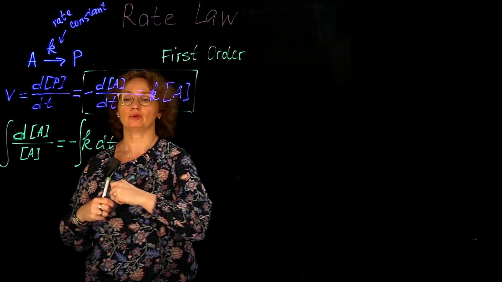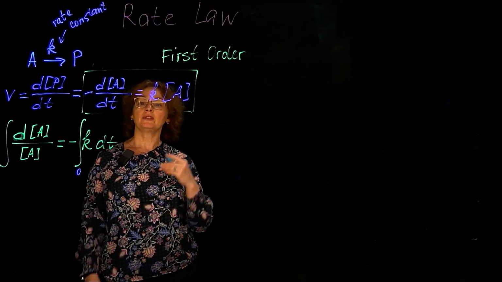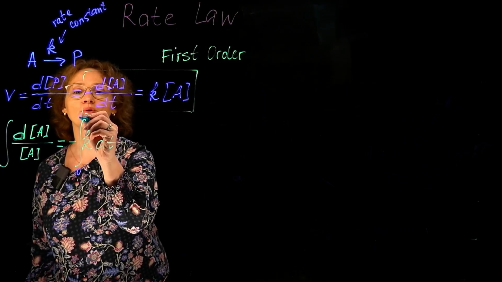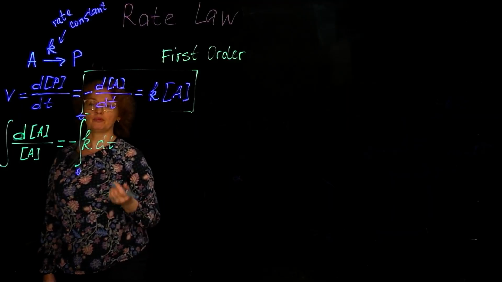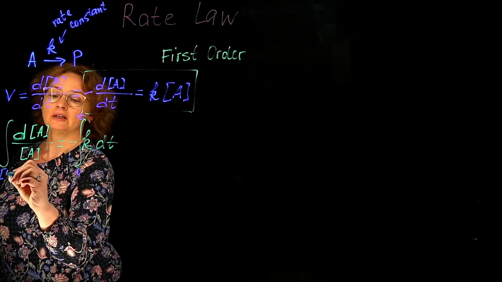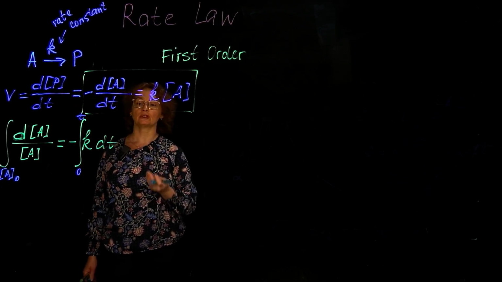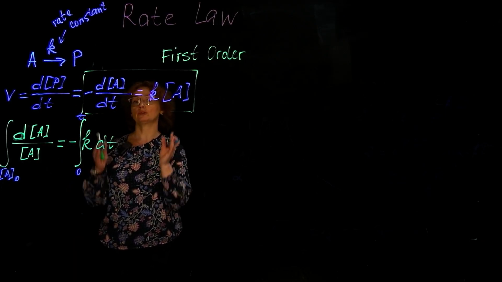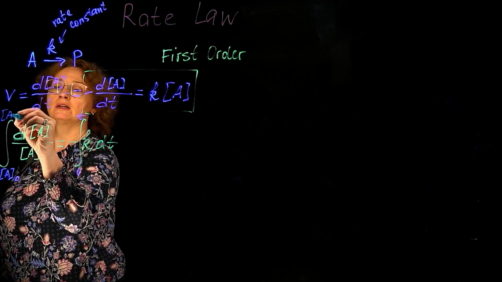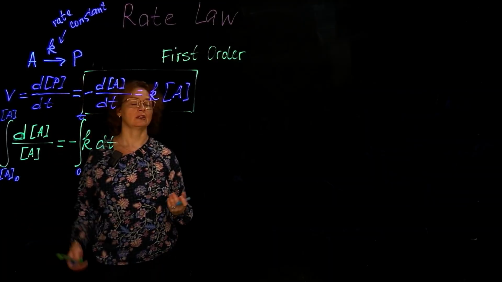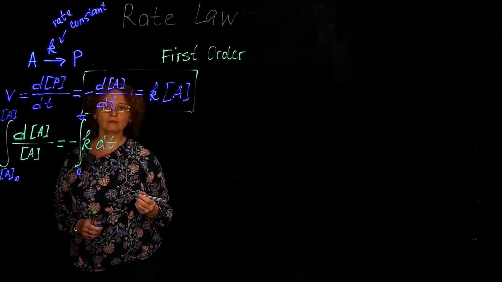The starting point is, of course, the beginning of the reaction, so the time is 0, and the end point is some time point t. At time 0, the reactant hasn't started being converted into product, so its concentration is equal to whatever we started with. And at time t, we have just the reactant concentration.